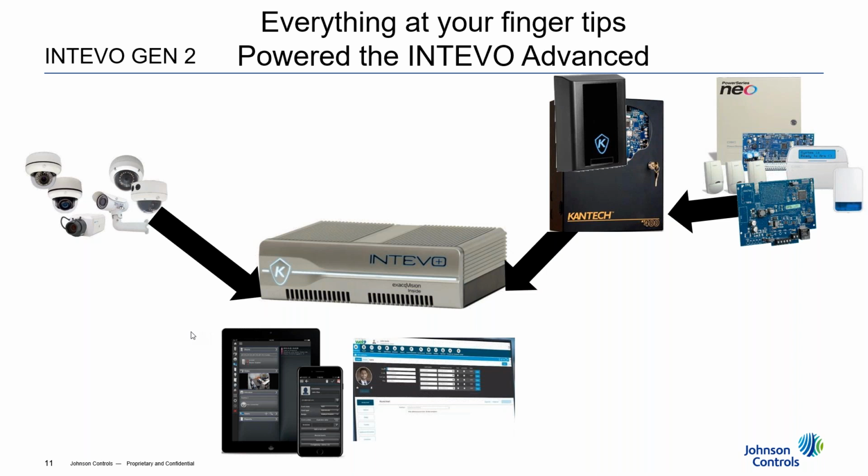Remember when I was telling you, if you were a casino, for example, and you were using more of a video system, you wouldn't need to use the access control portion. So what you could do is have the Neo, one of those 4 sessions, that's 4 devices, connect to the INTEVO directly, bypassing the access controller and going directly to Exact Vision.